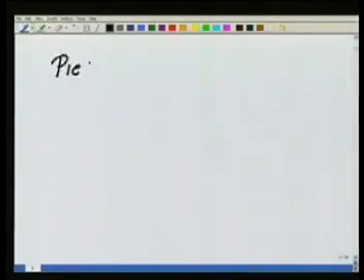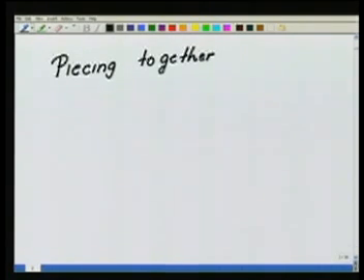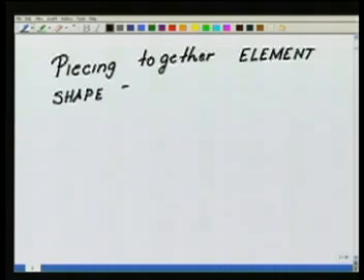So this is what we had done. Then we had said that these phi i's could be constructed by piecing together element shape functions.